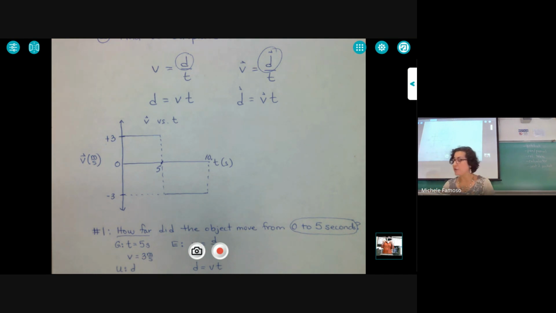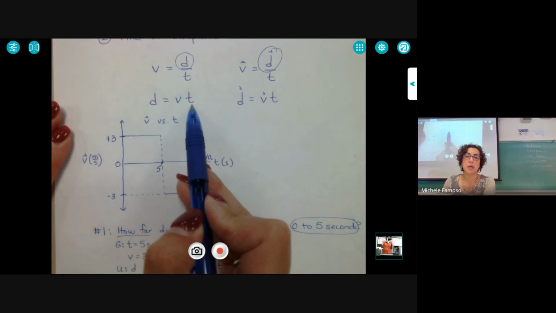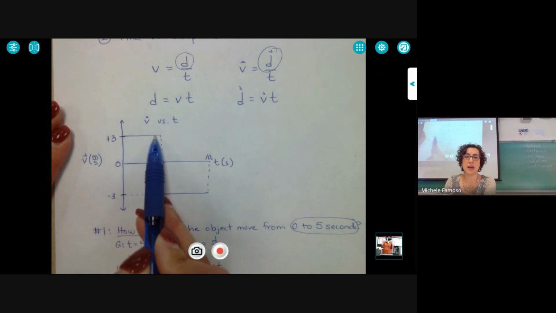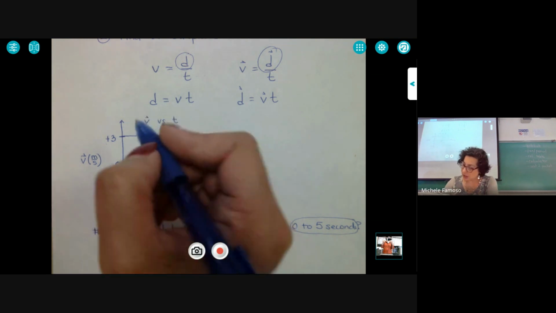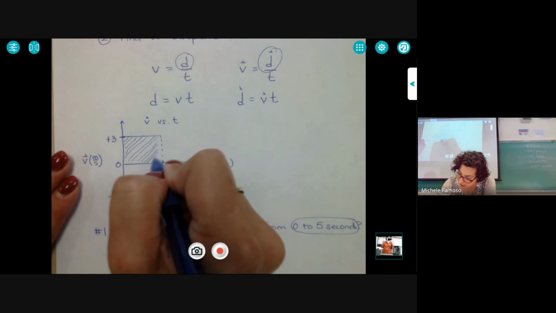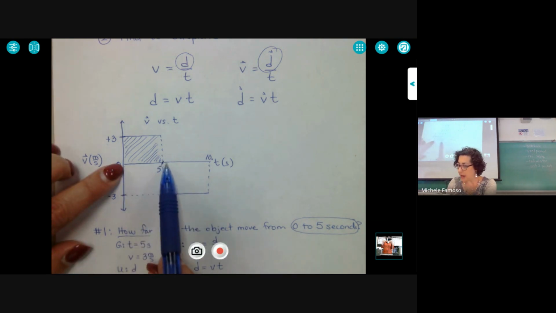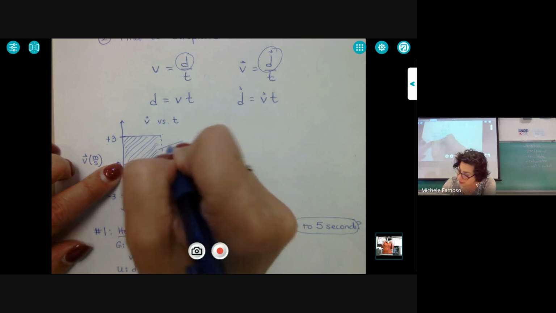Right now, however, the other thing that we can do is we can find a product of two things. Think about what we're doing. Here is the velocity, which is this line, and here is the time. And when I multiply those two things, I'm getting this in here. What is that I would be finding? I'm multiplying a base by a height. That's an area.